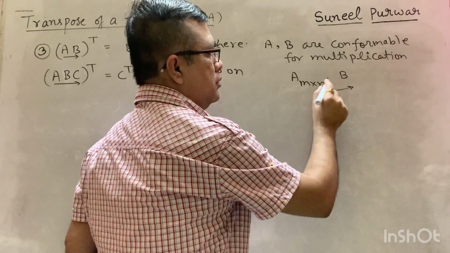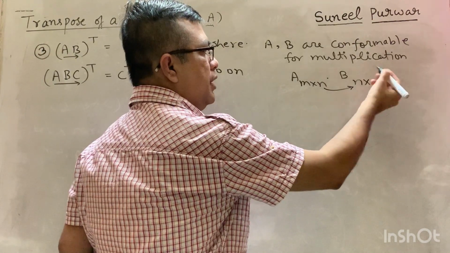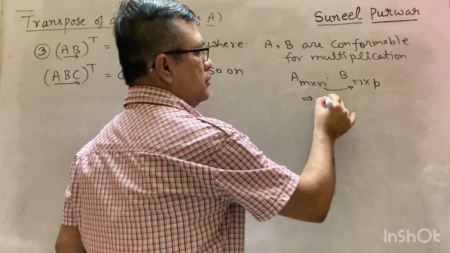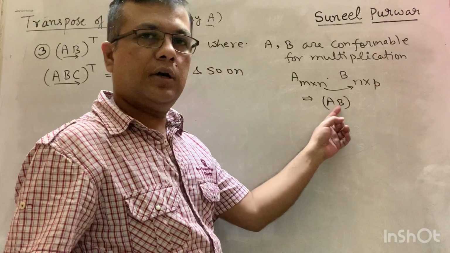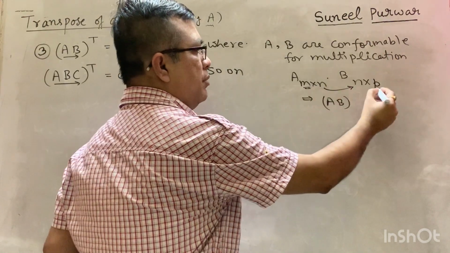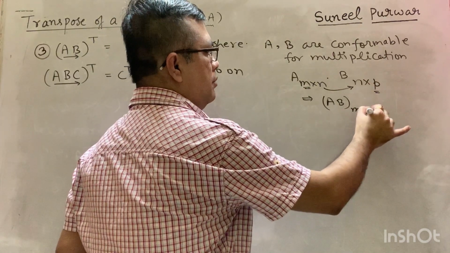So if it ends with n, it has to begin with n here, n into any number P. So A and B, if you multiply, you will get the matrix product AB, whose size will be m by p.